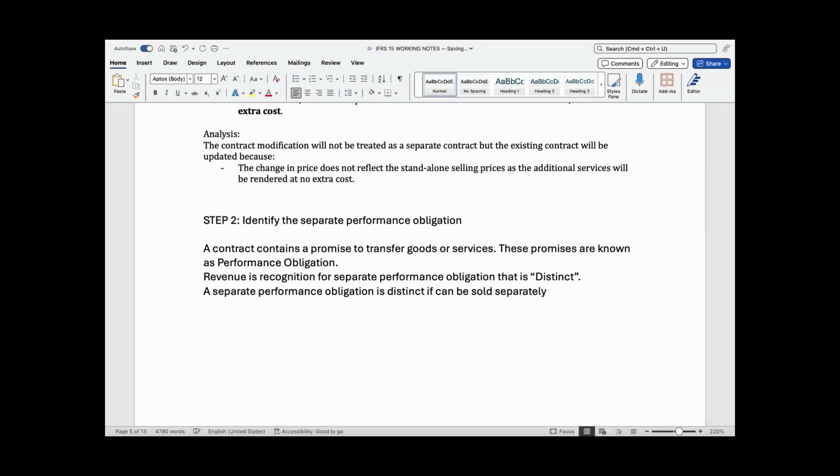You can sell it separately because it has a distinct function and a distinct profit margin.